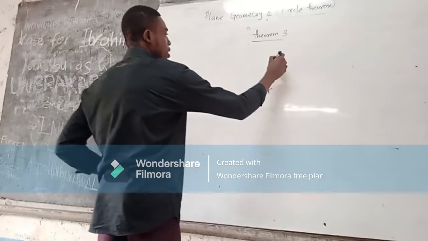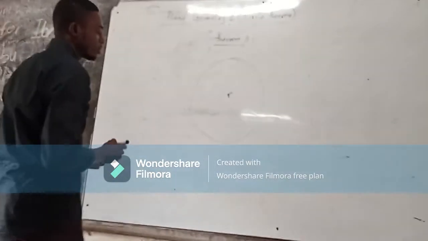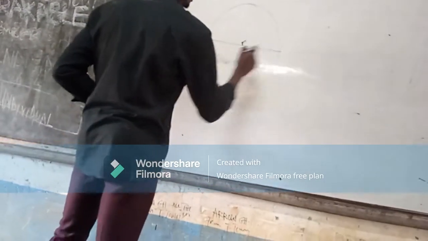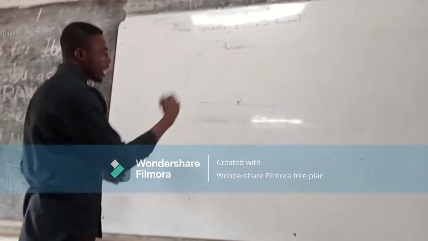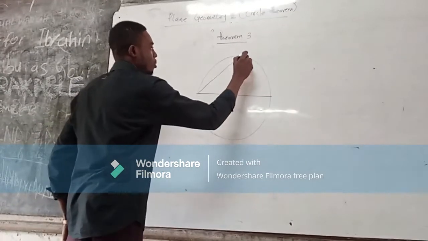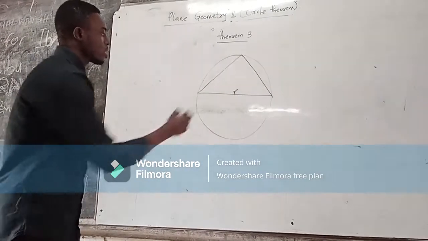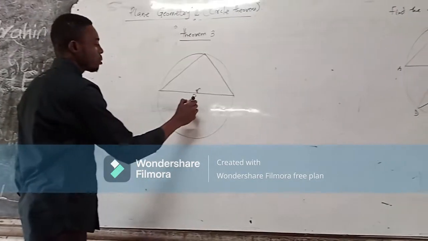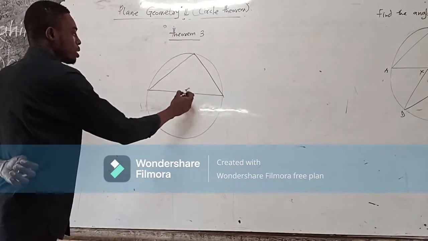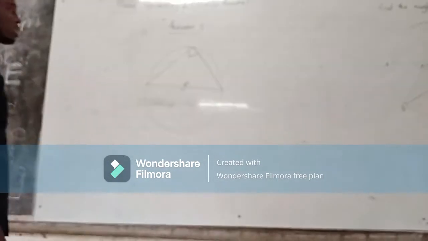Rule 3 says that if we have a circle and a diameter, as soon as the diameter is subtended to form an angle at the circumference, then the angle opposite to the diameter is 90 degrees.